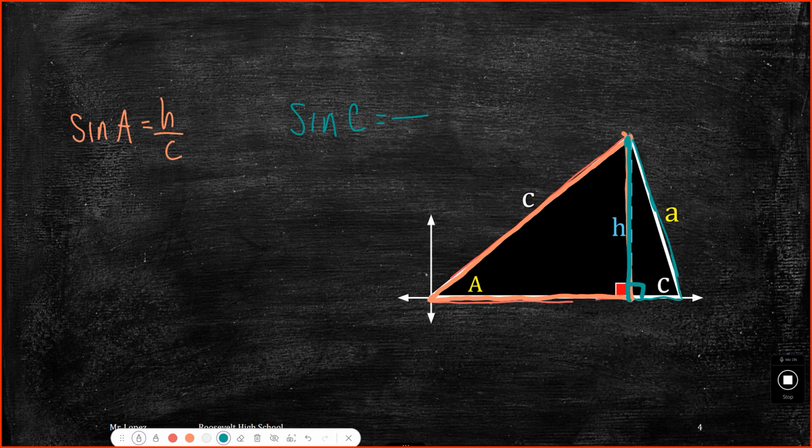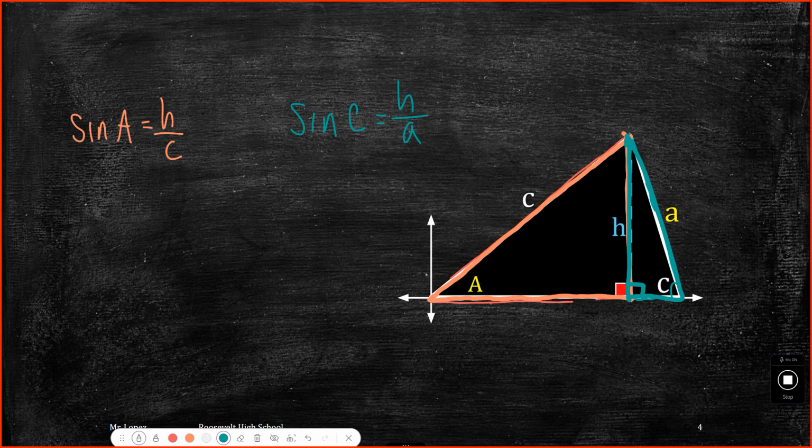And that's the right triangle. So what is sine of angle C? H over A. This is going to be H over A, because C is this angle here. H over A. So now we're going to make them equal each other.